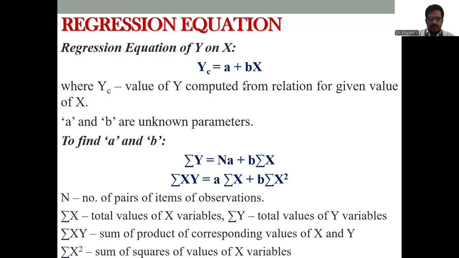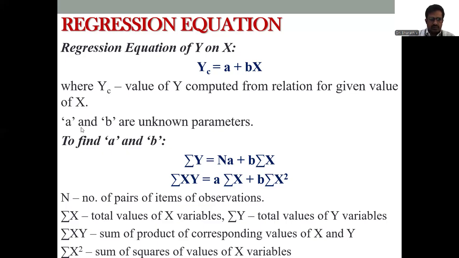Now to calculate this regression equation, y c equals a plus bx. Y is the dependent variable, a is the intercept or constant, b is the slope, and x is the independent variable. After calculating the two parameters a and b, if we give any value to x, y will automatically be calculated.